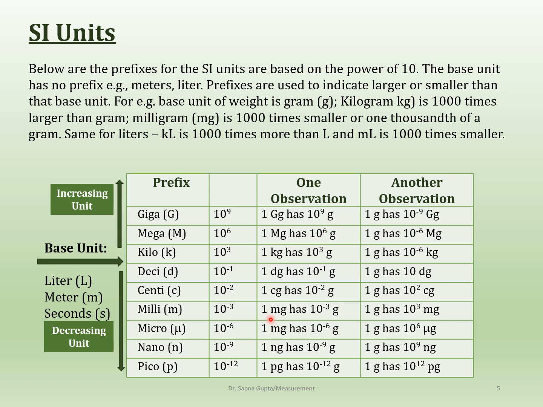Okay, so 1 milligram has 10 to the negative 3 grams. Okay, or the other way you can look is you can look at the larger quantity. Okay, so quantity meaning numbers. Okay, not the unit, the numbers. All right, so for example, 1 gram has 1,000 milligrams. You can look at that if you want.